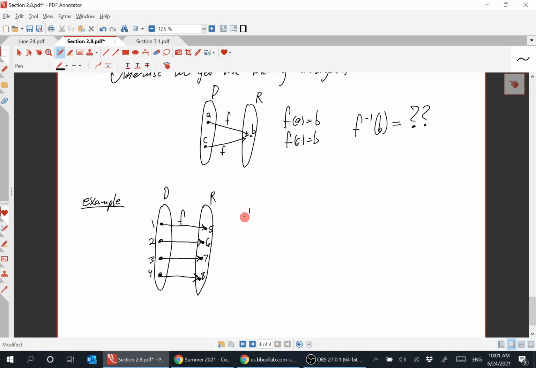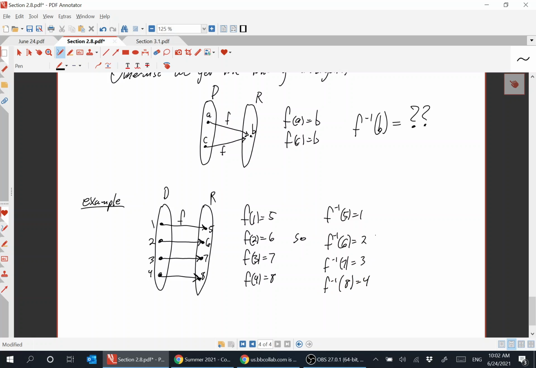In this case, f of 1 is 5, f of 2 is 6, f of 3 is 7, f of 4 is 8. And so the inverse, f inverse of 5 is 1. F inverse of 6 is 2. F inverse of 7 is 3. And f inverse of 8 is 4. Okay, so it just reverses the arrows of f.